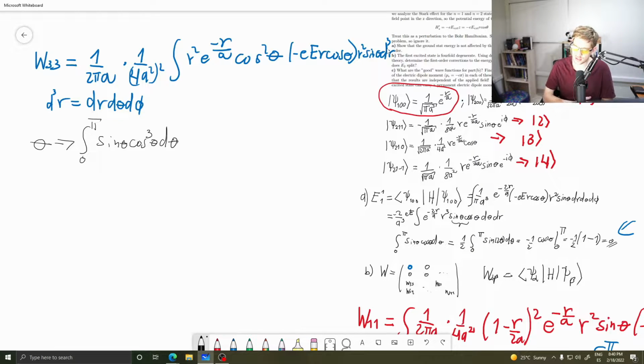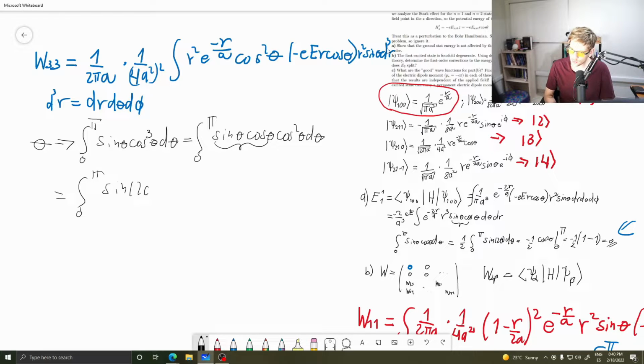Okay, how can we solve this? I think we have seen this sort of integral in the past. There are a few ways to go about it, but what I like to do, going step by step, is write this as sine of theta cosine theta times cosine squared of theta d theta. And now sine theta cosine theta we can write as sine of 2 theta divided by 2, and cosine squared we can write as 1 plus cosine of 2 theta over 2.